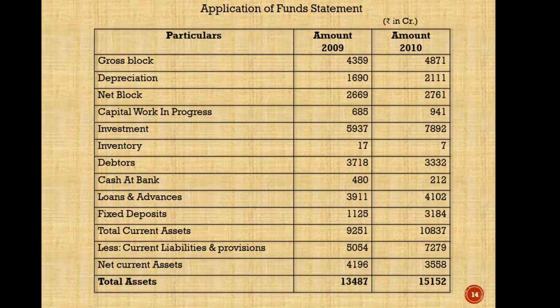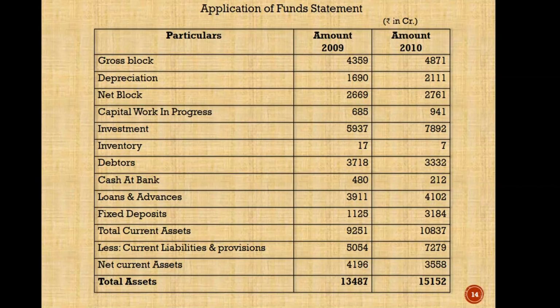And then the next point is net current asset. Now, what is this net current asset? When we deduct current liabilities from the current asset, we arrive at net current asset. The amount is here 4196 in 2009 and 3558 in the year 2010.